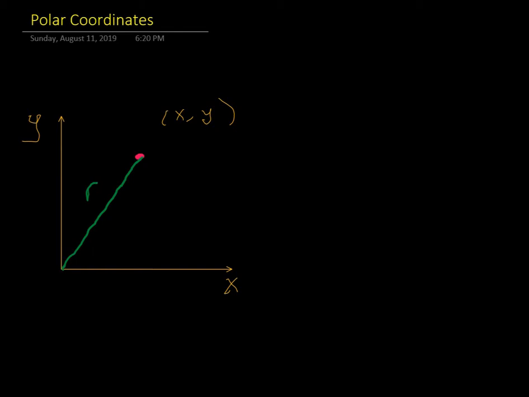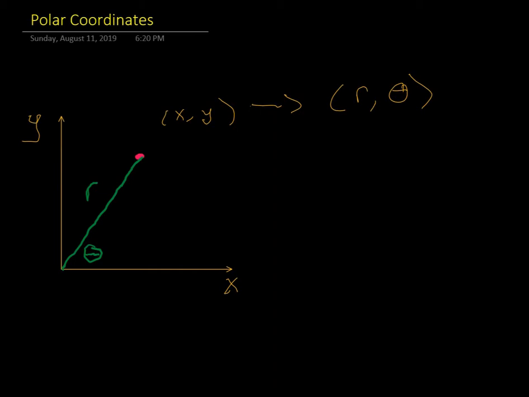Call that r. And then which direction do we go to get there? And instead of using a slope or a vector like we have been using, some value theta. And so we want to convert the x and y values and write them as some value of r and theta.